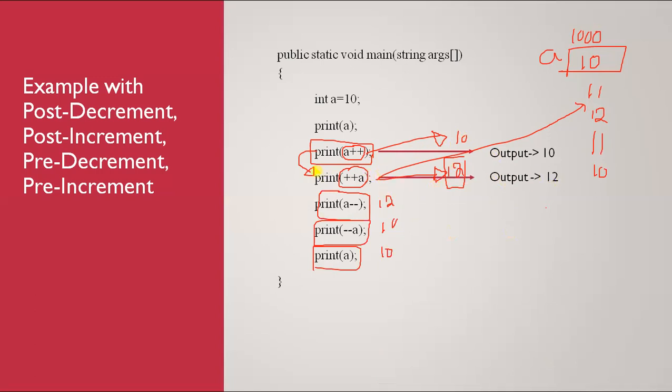And the next one is 12, and this one is 12 because the decrement happens after execution of the statement. Then since it is pre-decrement, after this statement the a value is 11, and pre-decrement will reduce 1 from it before executing, and then it will print 10, and then finally 10 again. So that's 10, 10, 12, 12 and then 10. That's how it would be.